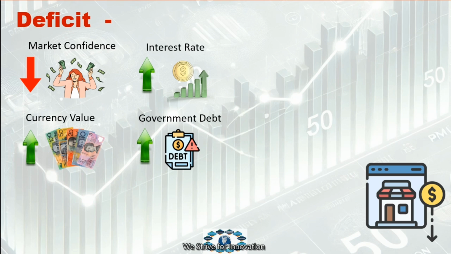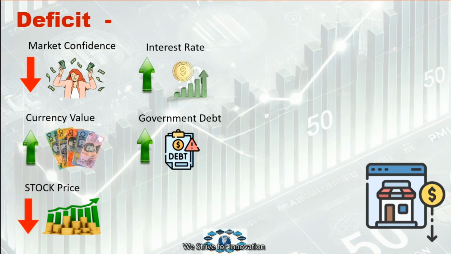How about the stock prices? What's going to happen? Stock prices here will fall, as a deficit might hurt stock, particularly if the country has to raise interest rates to attract capital, so stock prices will go down. How about the corporate earnings?